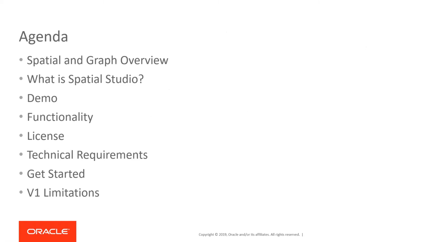That'll take up most of the time. We'll look at functionality of Studio, licensing requirements, technical requirements, how to get started, and V1 limitations. And when we say V1 limitations here, Studio is really a robust application. However, in any V1 rollout, there's always a few things that you might want to be aware of. So we just want to point those out to you.